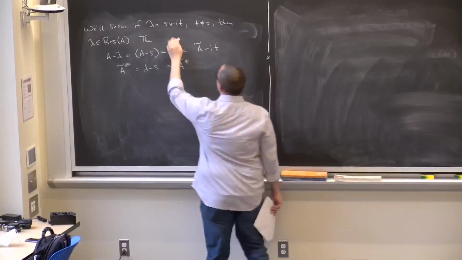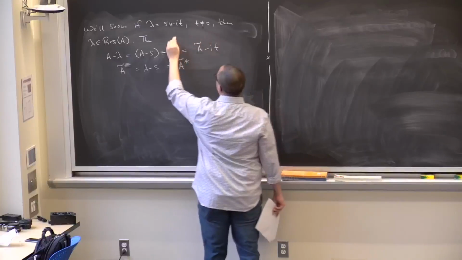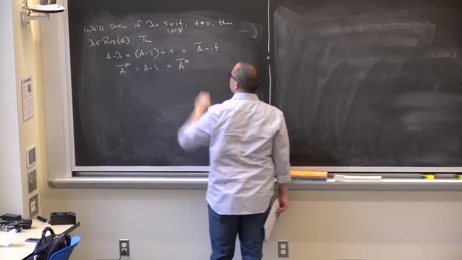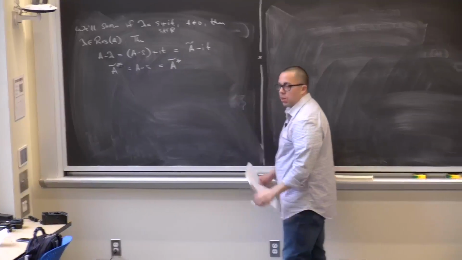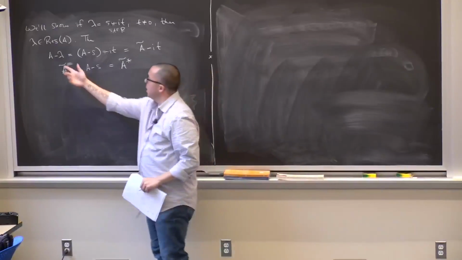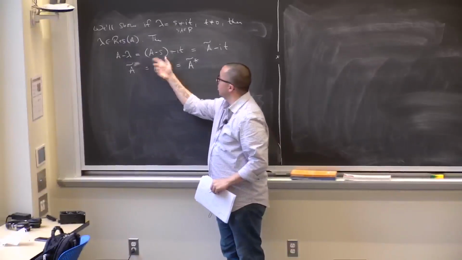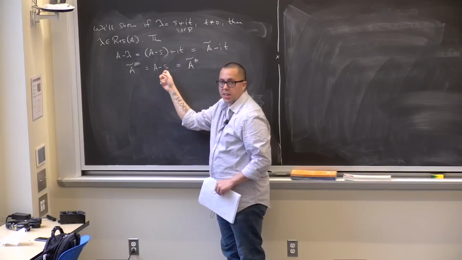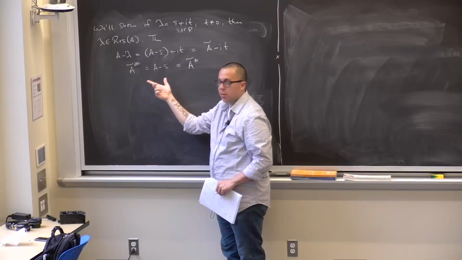All right, so I should have said t is not equal to 0 and s, t real numbers. Okay. So A minus lambda I can write as A tilde minus it, where A tilde is A minus s, again a self-adjoint operator.